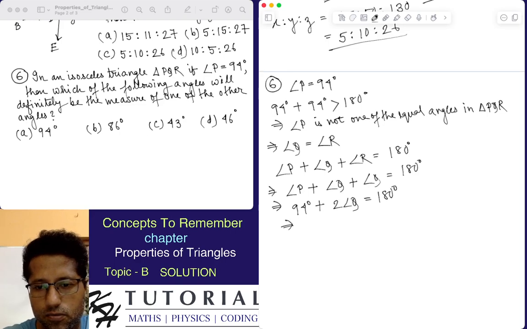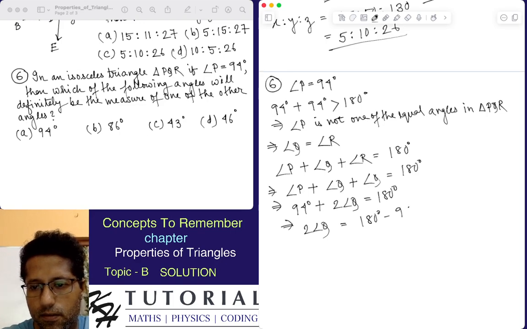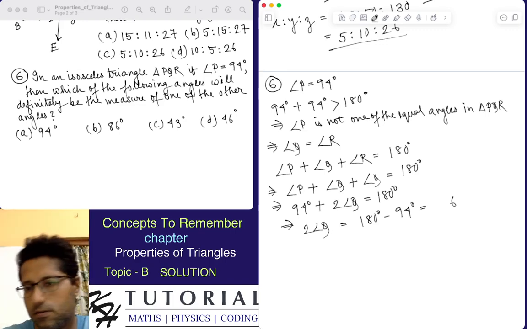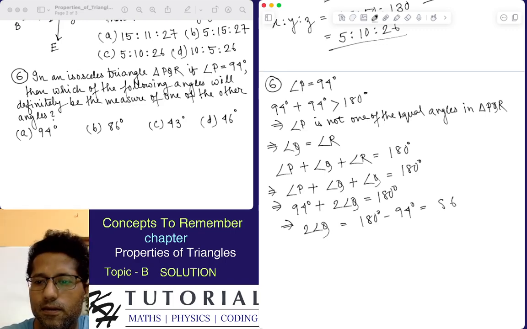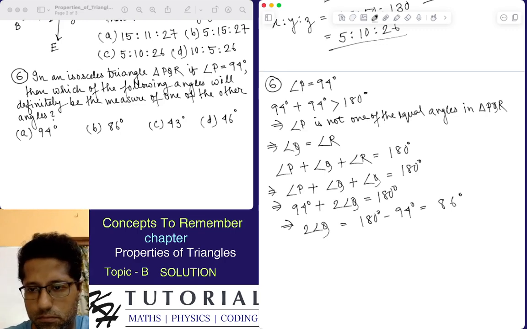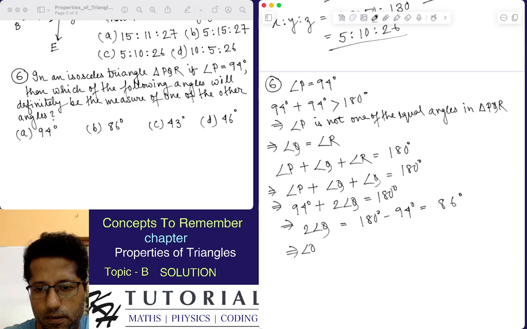This implies twice of angle Q is equal to 180 degree minus 94 degree. How much is this? 86 degree. Okay, this implies angle Q is equal to 86 degree by 2, that is 43 degree.